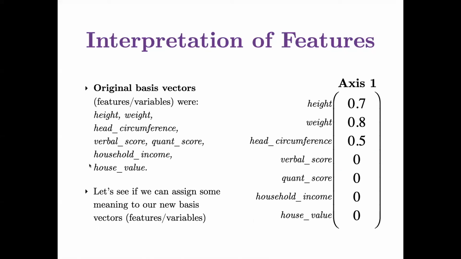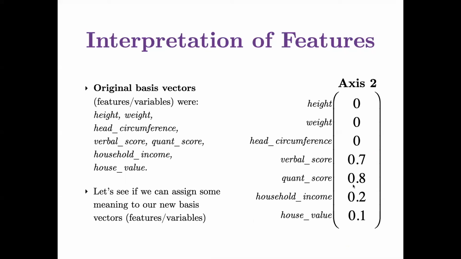makes our life a little easy because there are zeros for the last 4 variables. And so I just have to come up with, what is it about height, weight, and head circumference that is all related. So you might call that size. The second axis has zeros for the first 3 variables and non-zeros thereafter.